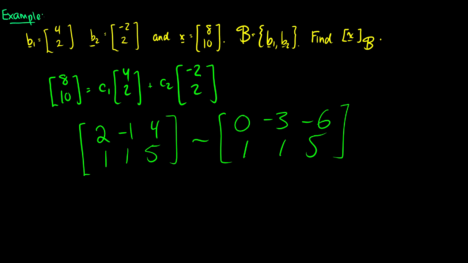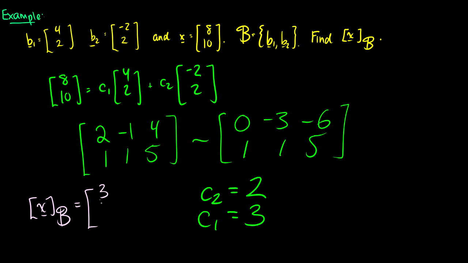Okay, we can basically solve this now. So negative 3c2 will equal negative 6, which means c2 is going to equal 2. And the second row states that c1 plus c2 is equal to 5, so c1 must be equal to 3. Therefore, our vector x relative to b is the vector 3, 2.